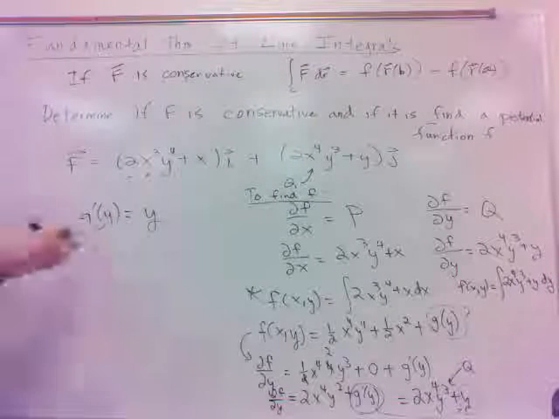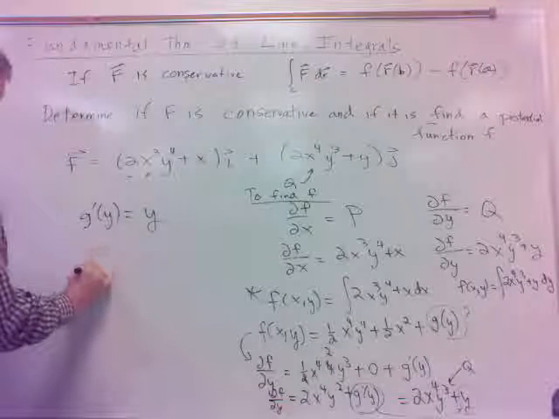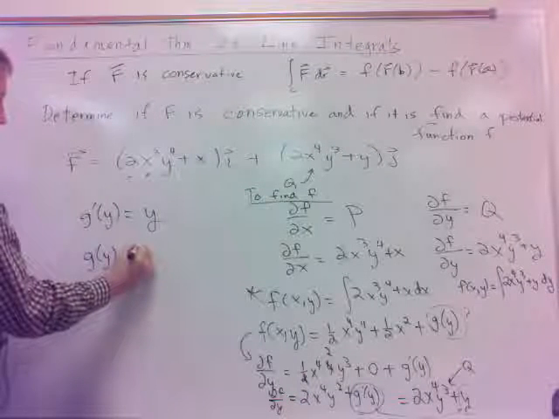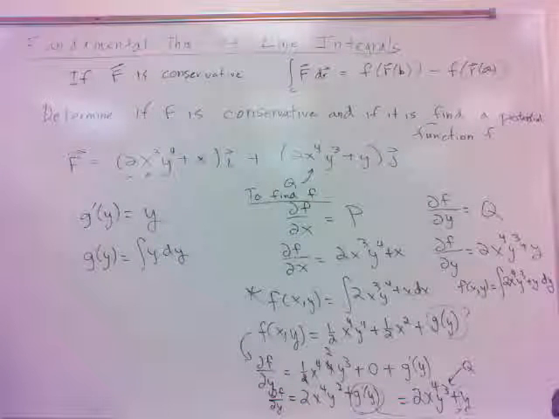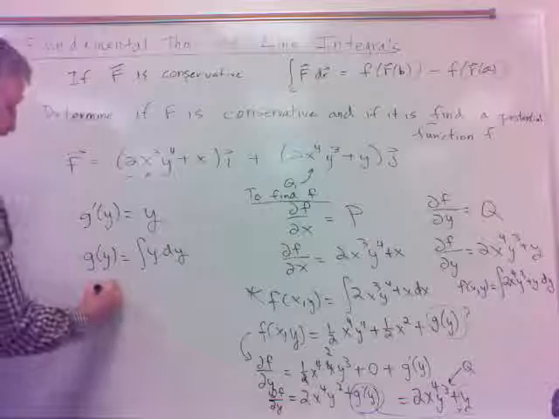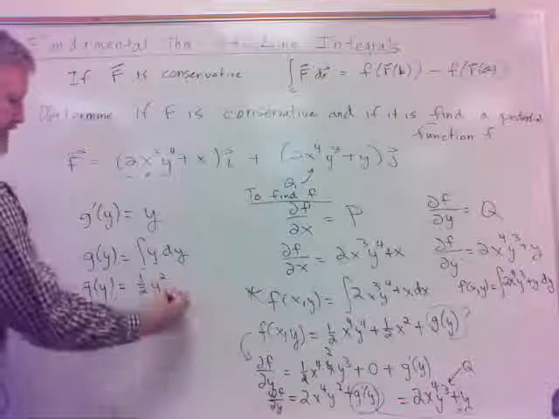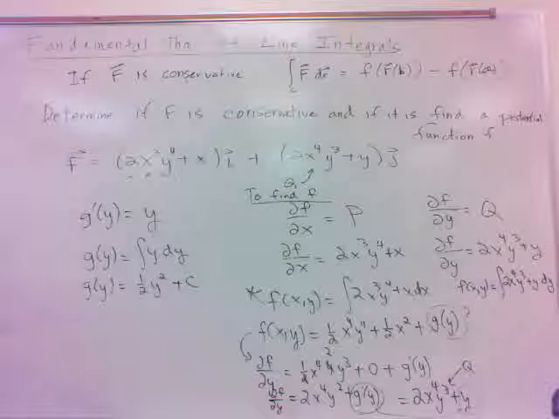And so again, if we integrate this with respect to y, both sides, we get g of y, or by the antiderivative, g of y would just be the integral of y dy, and so that would be g of y equals 1/2 y squared plus, now we can say it's a constant since we're just dealing in a function of y there.